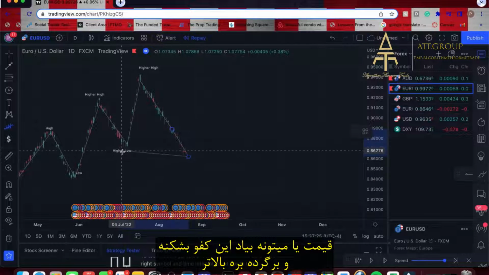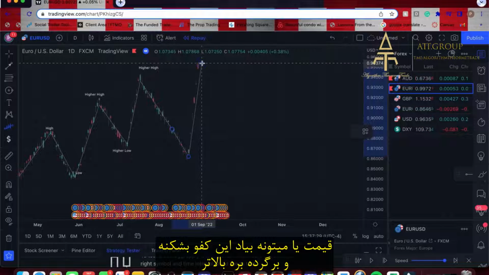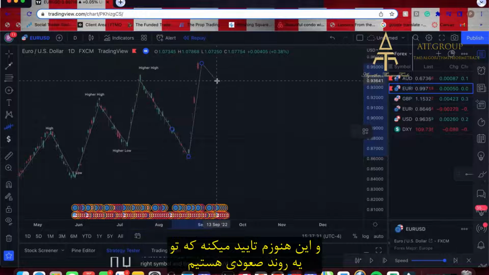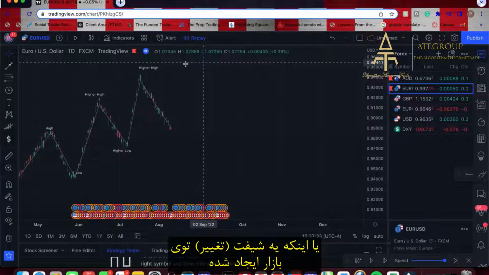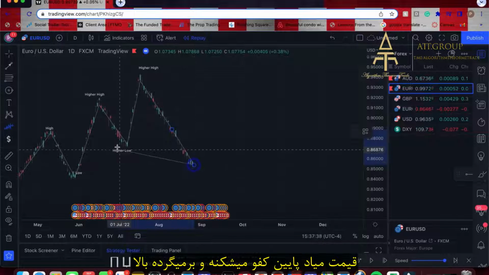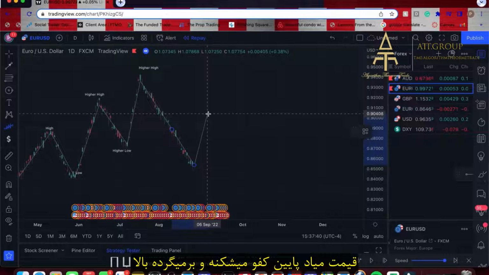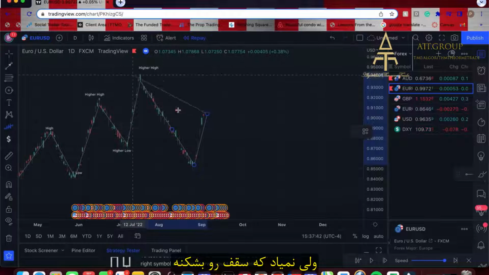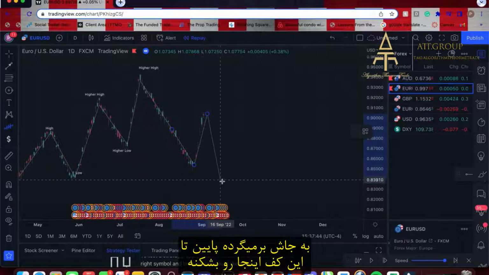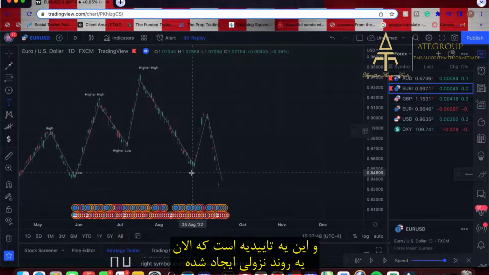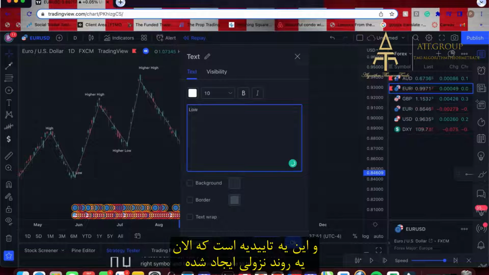Either price just came down to take out this low and come back up higher, and this will still confirm that we're in a bullish trend, or what can happen is that there's a shift in the market. So price comes down, takes out the low, comes back up, but it does not take the high. Instead it comes back down to take out this low right here. And that's a confirmation that we are now in a bearish trend.